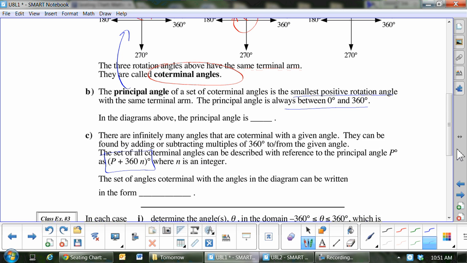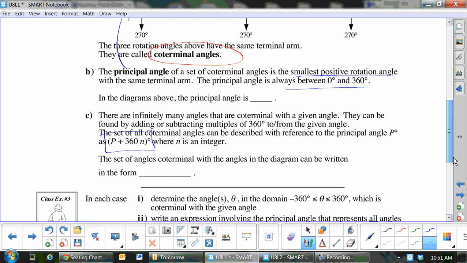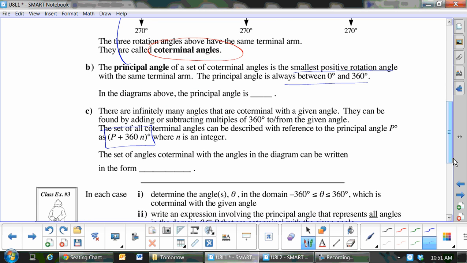So how would I describe every single coterminal angle to this? I get the principal, which is 150, and how would I come back to that is 360n. Now n has to be like 1, 2, 3. I can also go negative 1, negative 2. So n is in the integers.